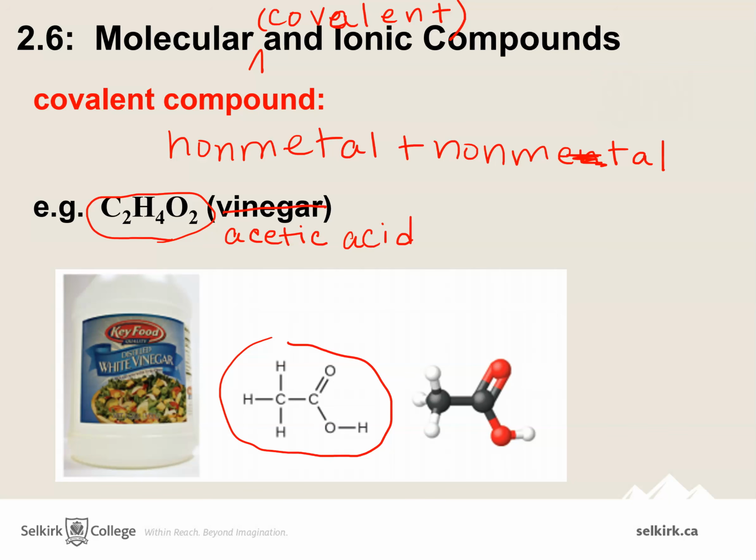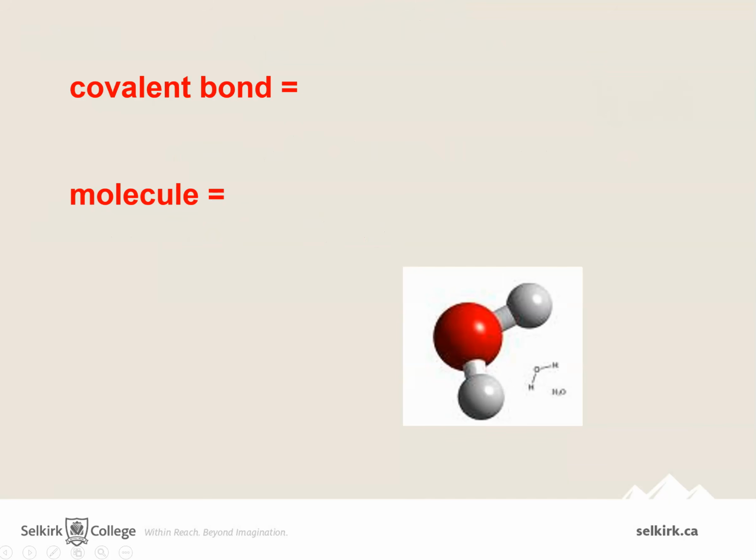The nonmetal atoms in a covalent compound are held together by covalent bonds. And a covalent bond is just a shared pair of electrons between the atoms.